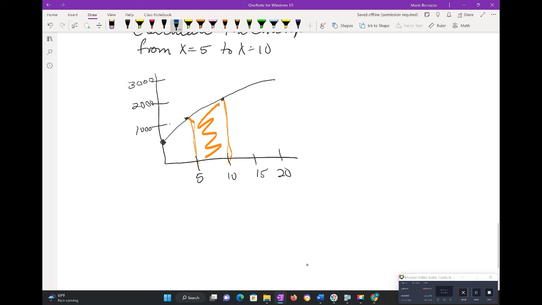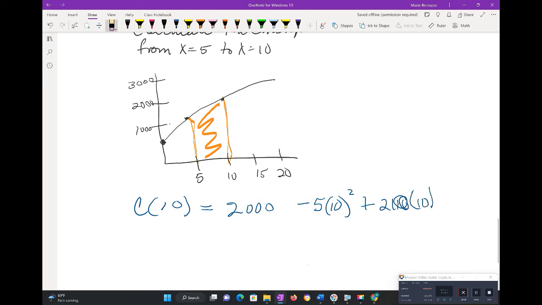What you're going to notice in this case, if I do C of 10, plugging in the values in for x, we obtain the value of 2000. And that's basically negative 5 times 10 squared plus 210 times 10 plus 400.